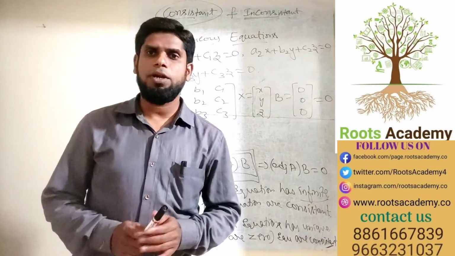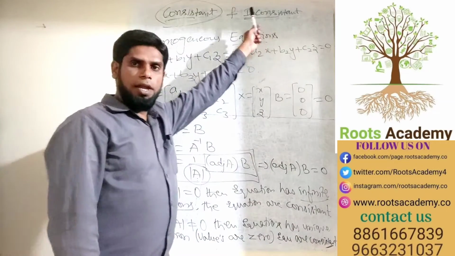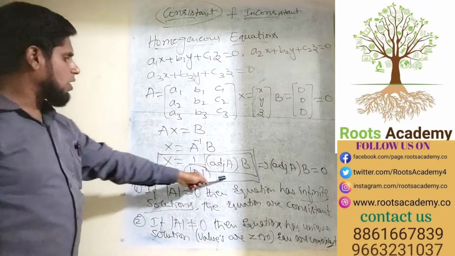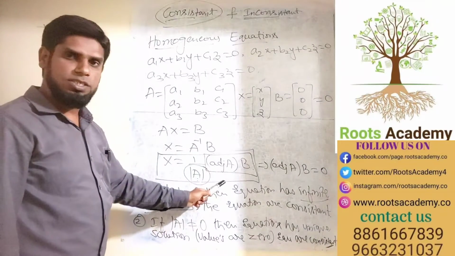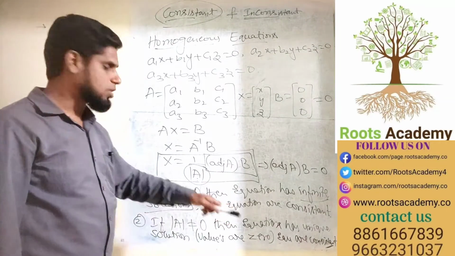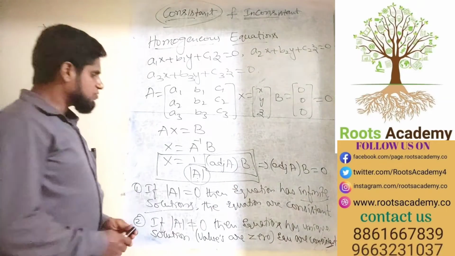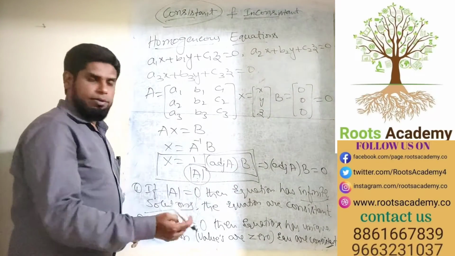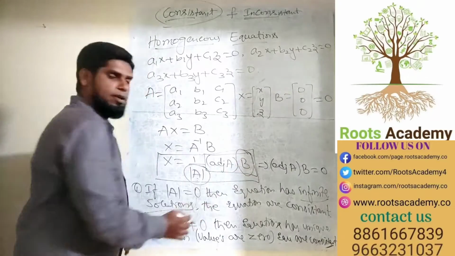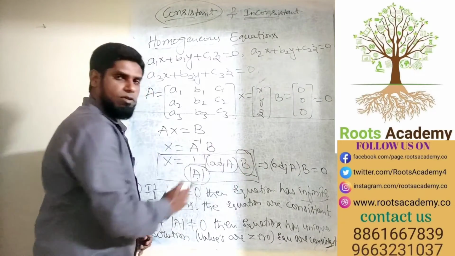Student, I hope you understood the concepts of consistent and inconsistent, and it is purely based on this formula, whether it has unique solutions or infinite solutions or no solutions. Everything depends on this formula, and this formula is very easy to find because B is already given. If it is non-homogeneous equations, B is not equal to 0.